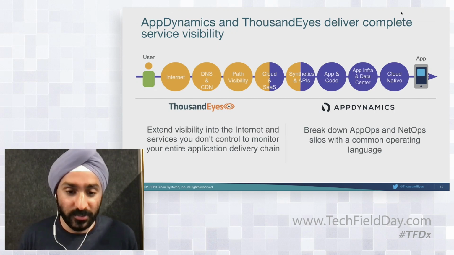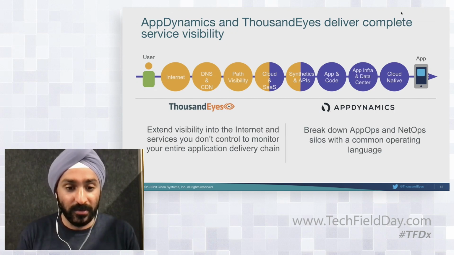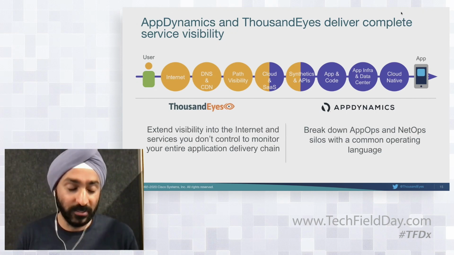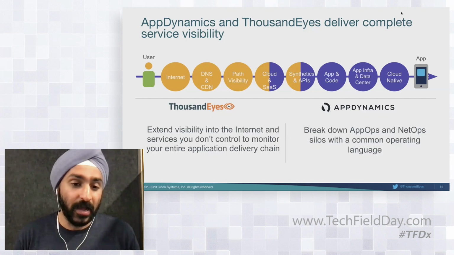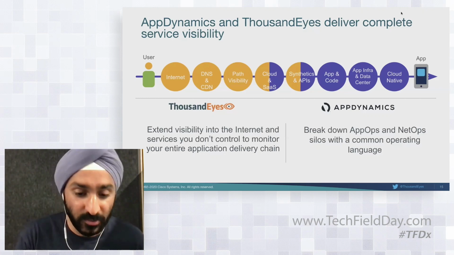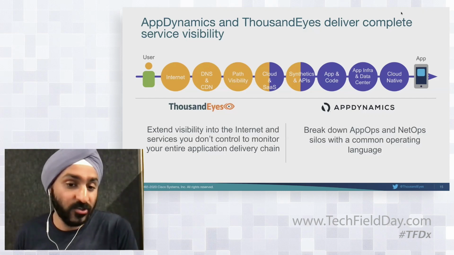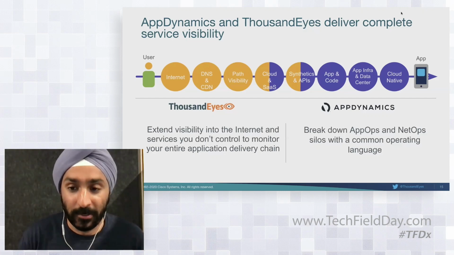And we saw this opportunity to use the data that ThousandEyes can capture and provide that data within AppDynamics Studio so that application and network teams can better serve their end users by understanding if the problem is on the application or on the network.